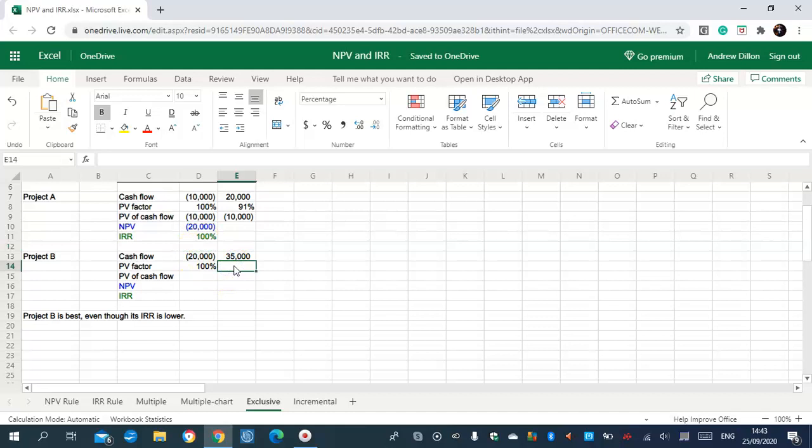Present value factor for the second project, project B. 91% again, like for project A. Okay, so now the present value of cash flow.